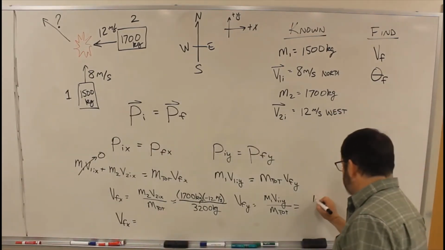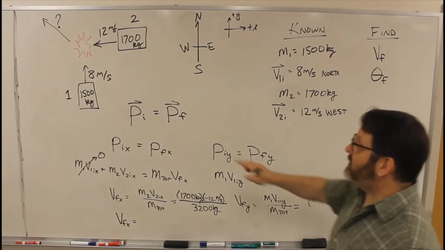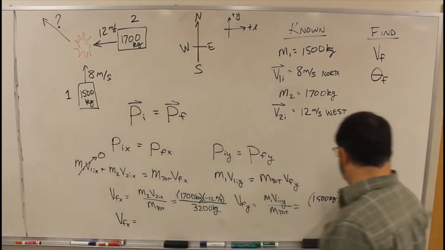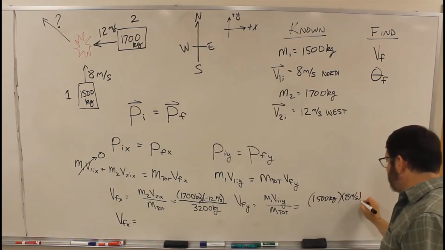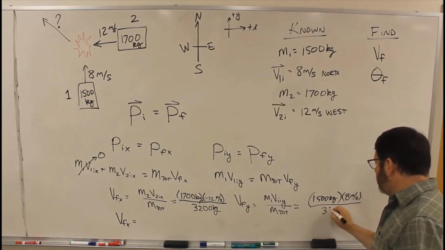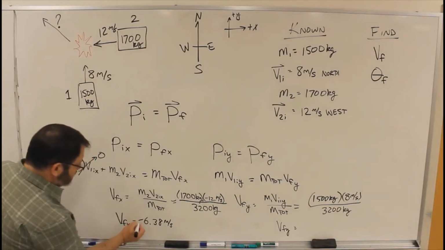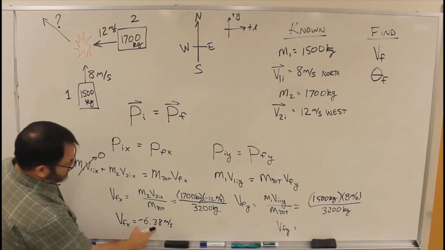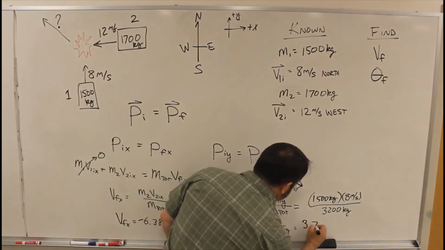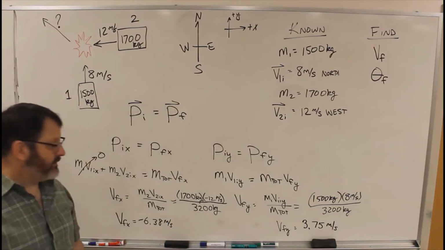M1, so 1500 kg times V1 initial in the y direction. This is 8 meters per second plus y. 8 meters per second over 3200 kilograms. So V final in the x direction is negative 6.38 meters per second. V final in the y direction, 3.75 meters per second. And that's positive.